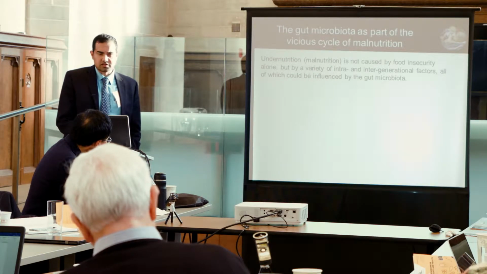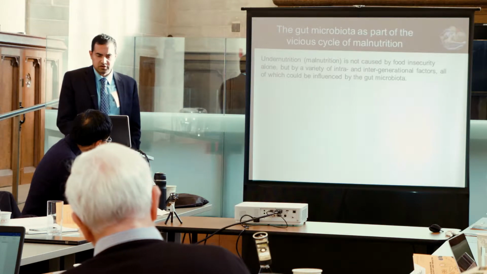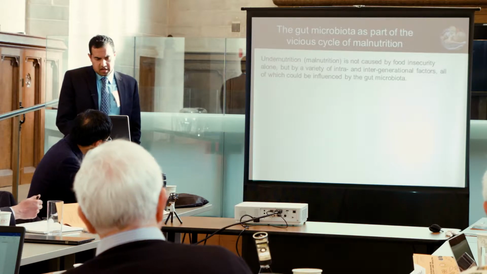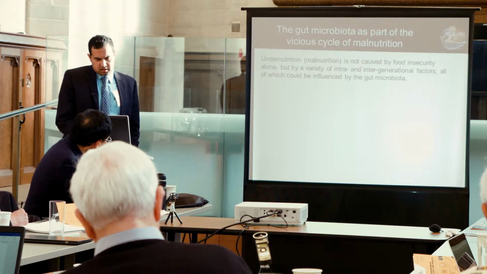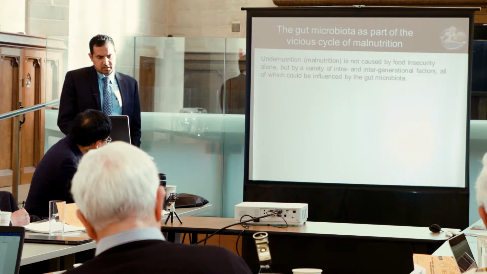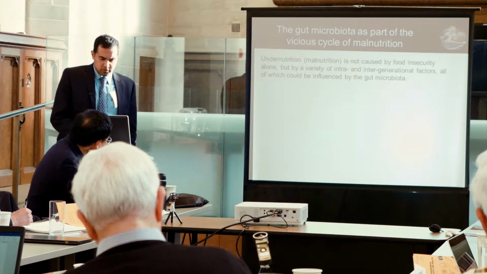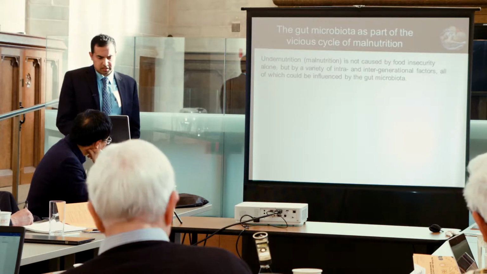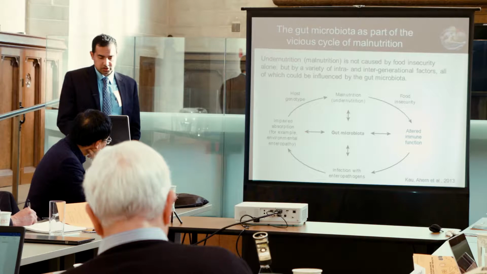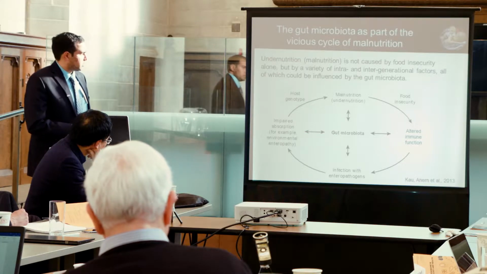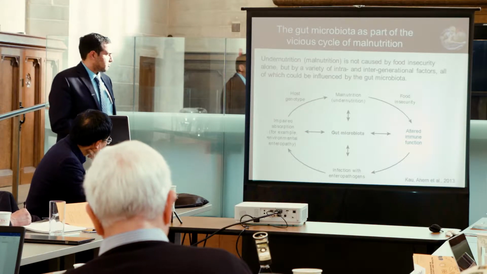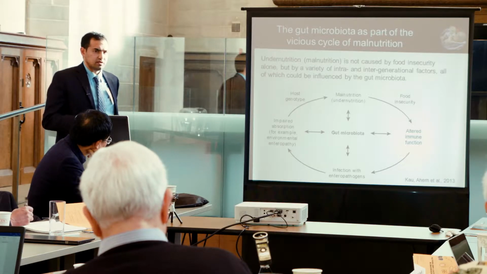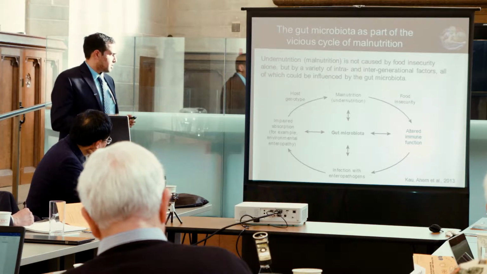So the major hypothesis going into all of this is that undernutrition isn't caused entirely by food insecurity. We know this from twin studies, where their discordance shows that when we compare dizygotic to monozygotic twins, it's not entirely explained by genetics or by nutrition. We think that the gut microbiota plays a central role here in that it feeds into multiple different areas that could influence malnutrition.